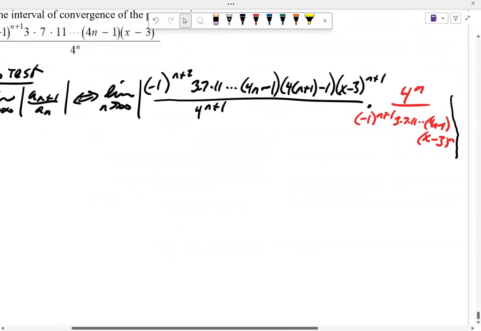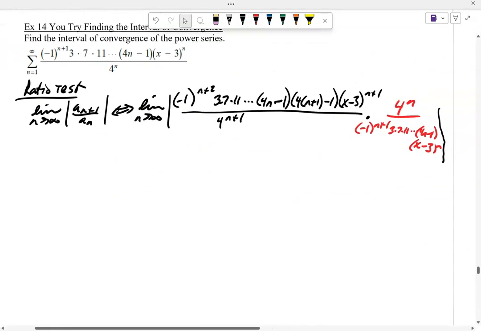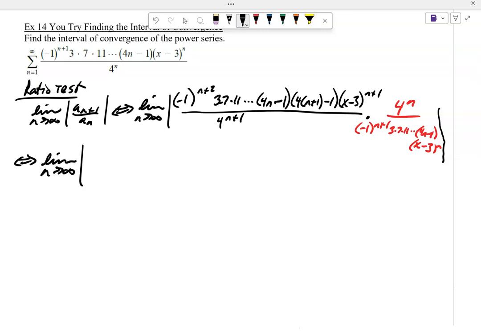So I kind of made a little bit of a mess of this, you guys, but in fact, let me write this down below a little neater here. Limit as n goes to infinity. I got negative 1 to the n. Negative 1 squared is positive 1. I got 3, 7, 11, dot, dot, dot, I keep going up to this 4n minus 1. And I got 4n plus 4 minus 1.